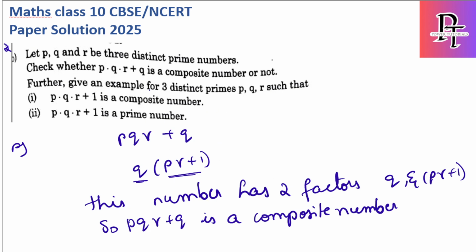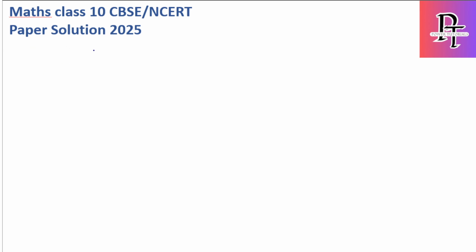Further, they're also asking to give an example of 3 distinct prime numbers such that this is a composite and this is a prime number. So let's do it randomly. What I will do is pqr plus 1. They want one as prime and the other as composite. So let's try. The prime numbers we have are 2, 3, 5, 7, 11, 13 and so on. I will take the first 3 as the first case, 2, 3, 5.